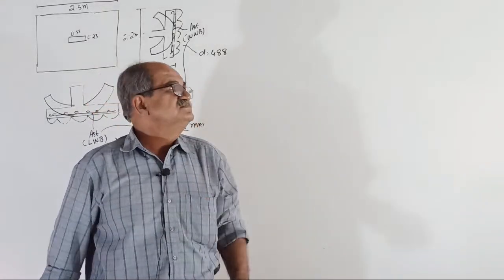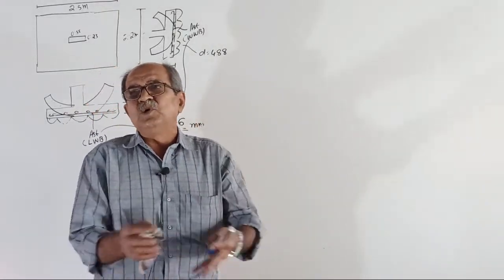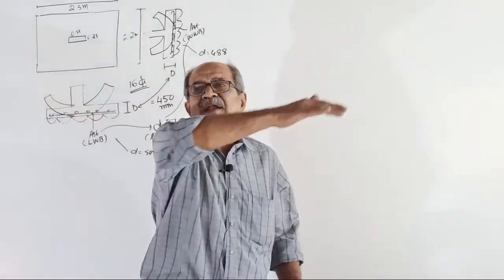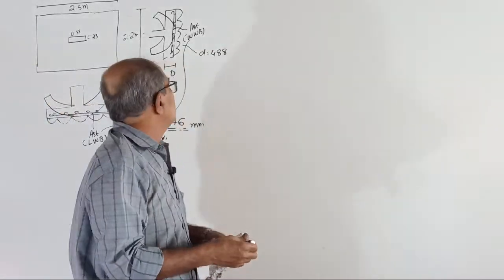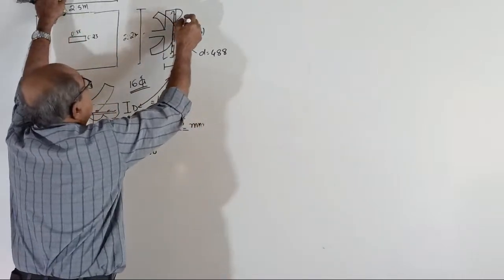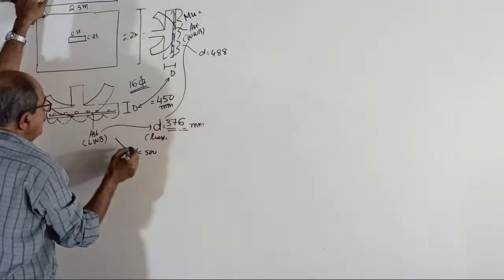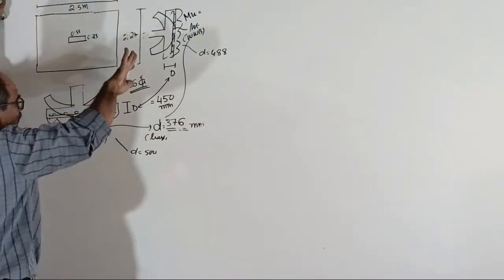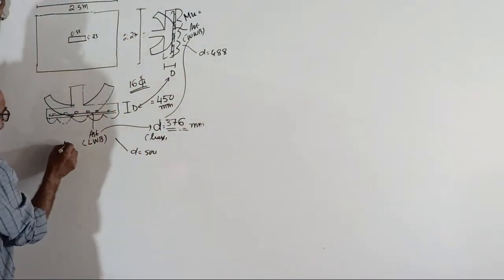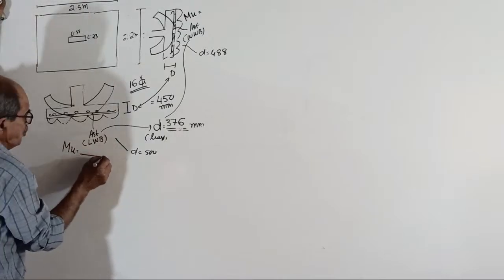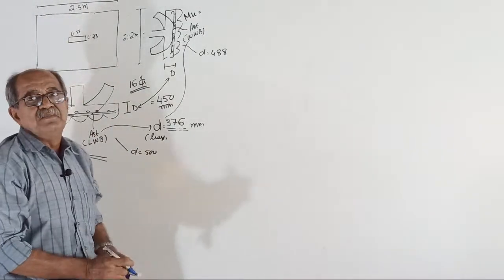Procedure sheet, right? First you find the lengthwise bending moment and the widthwise bending moment. Tell the answer. For lengthwise bending, what is the factored BM? MU you got. Remember, you made the mistake.